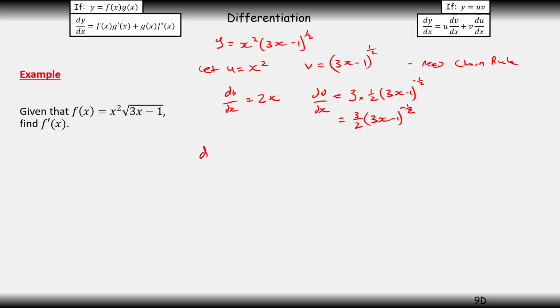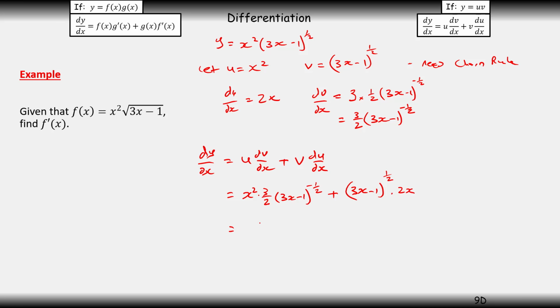Now, differentiating the product, dy over dx is equal to u times dv over dx plus v times du over dx. So all we need to do now is substitute. u is equal to x squared, and dv over dx is 3 over 2, so times 3 over 2 times 3x minus 1 to the power of minus a half, plus v, that's 3x minus 1 to the power of a half, times du over dx, times 2x.